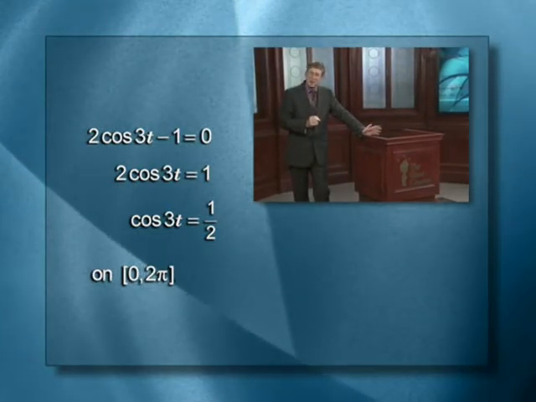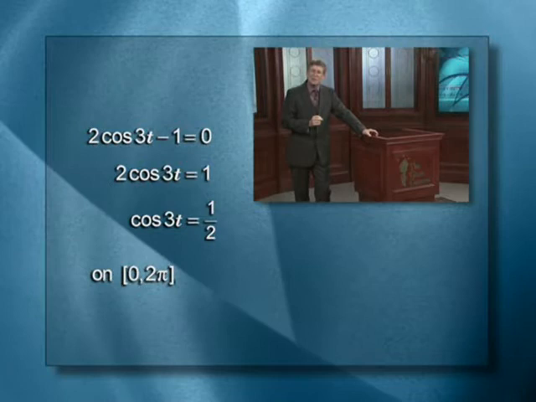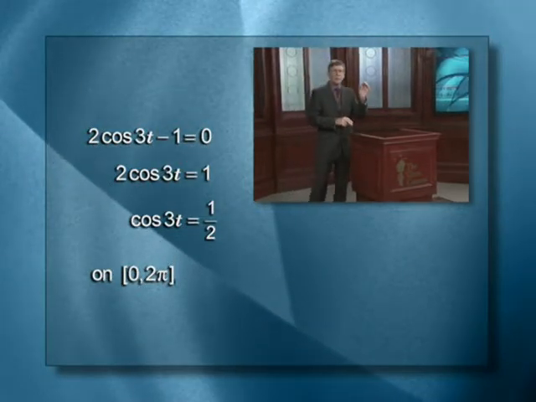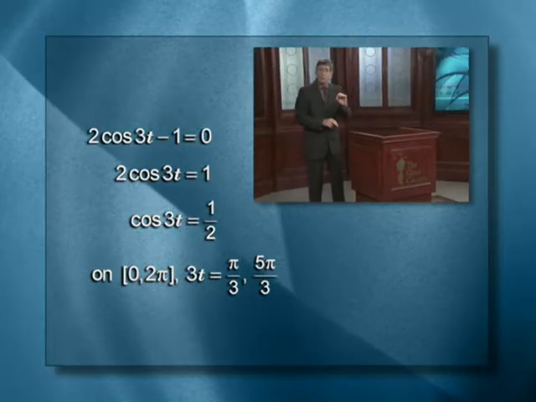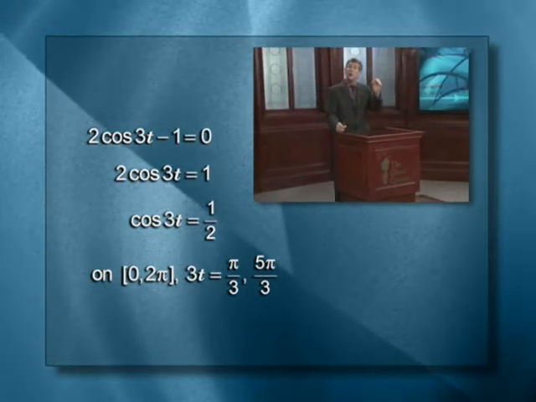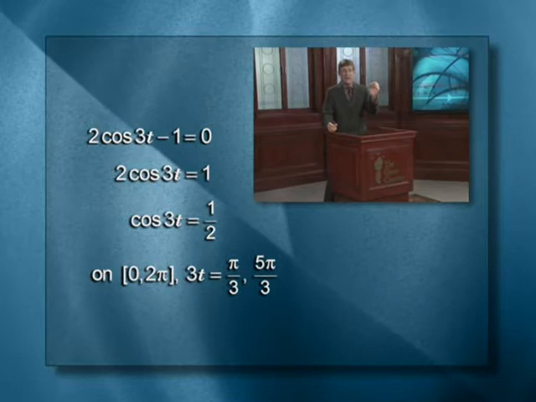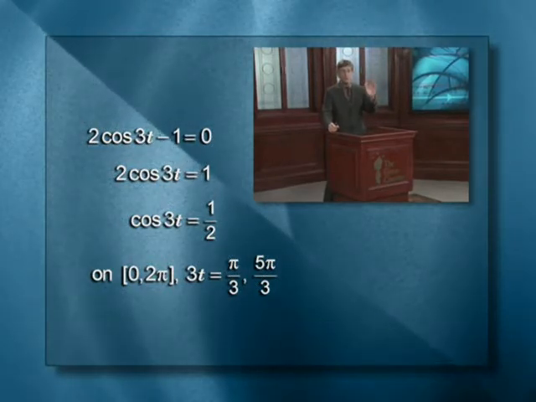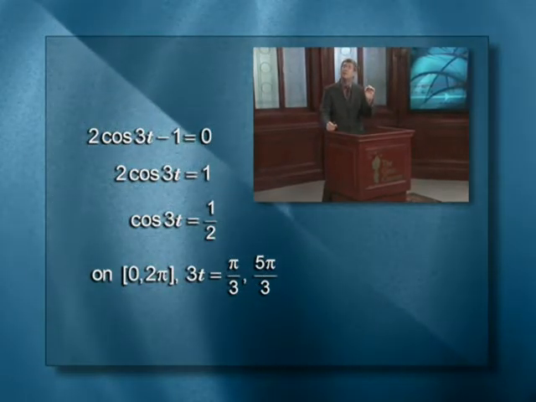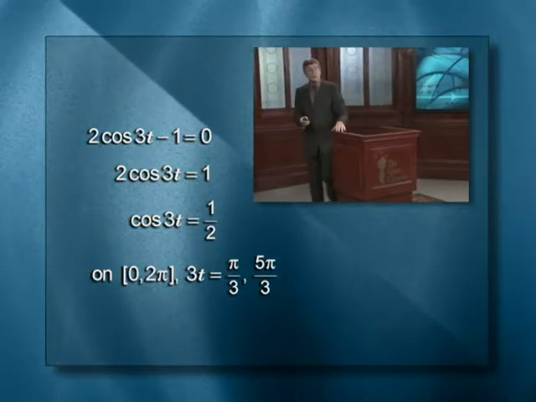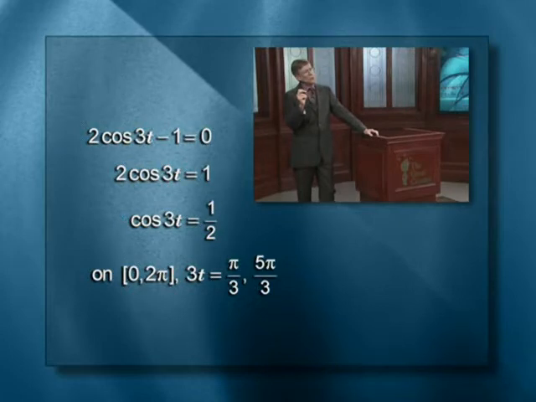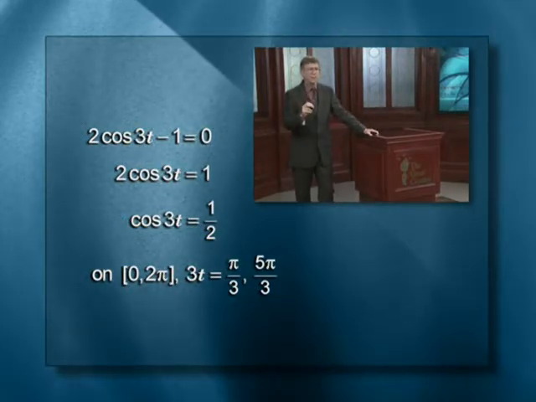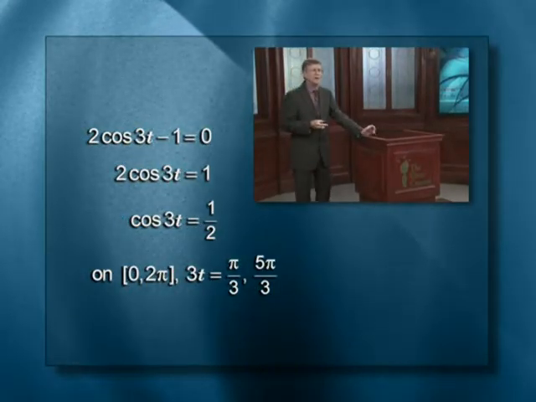So we're solving these trig equations again, aren't we? This is tough going. Well, 3t should be pi over 3 or 5 pi over 3. You can check that cosine of pi over 3 is a half. That's a fairly common trig value. And also cosine of 5 pi over 3 equals a half. So 3t is pi over 3 or 5 pi over 3 in the interval 0 to pi.